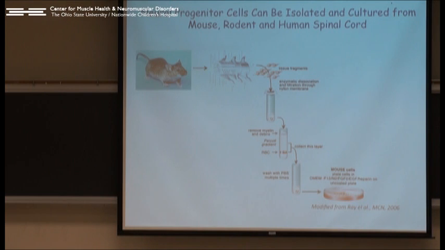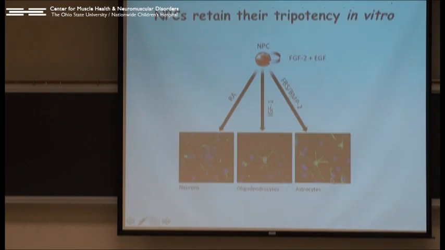So here we can derive neural progenitor cells from the spinal cord, dissociate the spinal cord, and go through these Percoll gradients to isolate these neural progenitor cells, which we can grow up to large amounts of cells. These neural progenitor cells can be induced into neurons, they can be pushed with IGF-1, for example, into oligodendrocytes, and then with ectopic administration of fetal bovine serum or BMP2, we can push them into astrocytes.